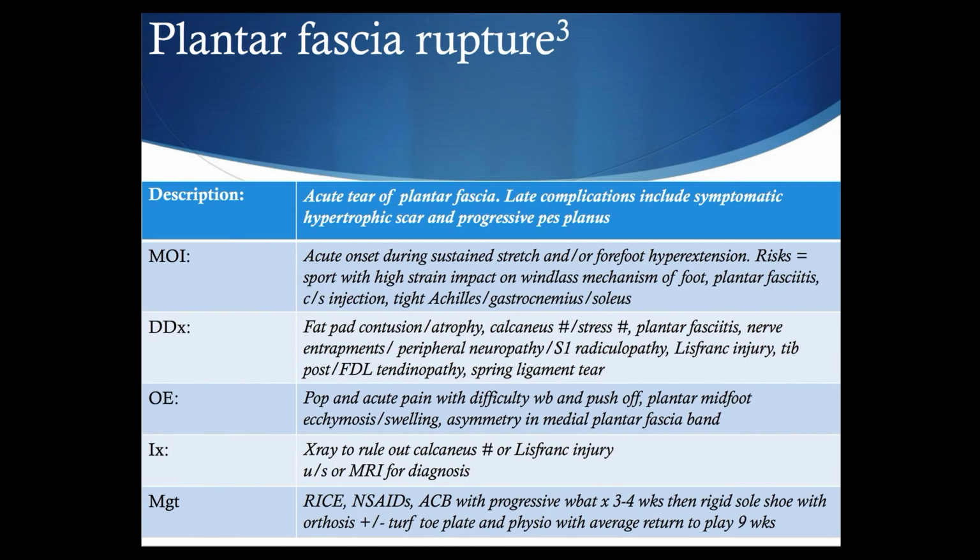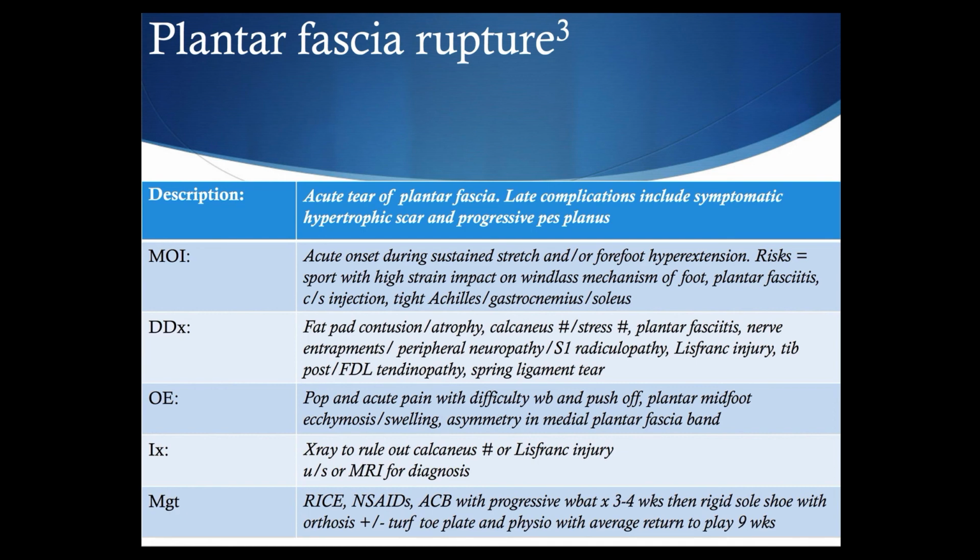Plantar fascia rupture certainly indicates an acute tear of this plantar fascia, and late complications include a symptomatic hypertrophic scar and a progressive pes planus. Predisposing plantar fasciitis is a risk factor, but certainly the mechanism of injury is an acute onset during a sustained stretch and or forefoot hyperextension.